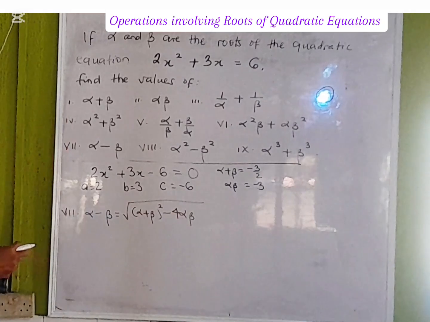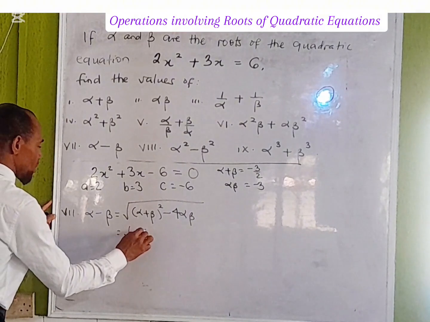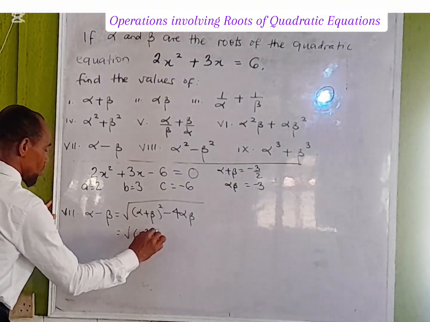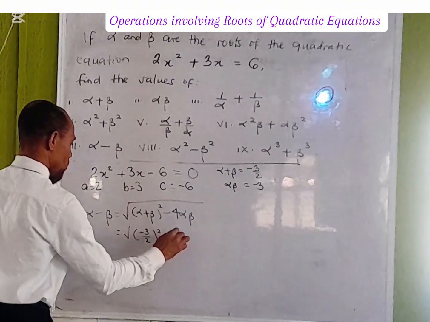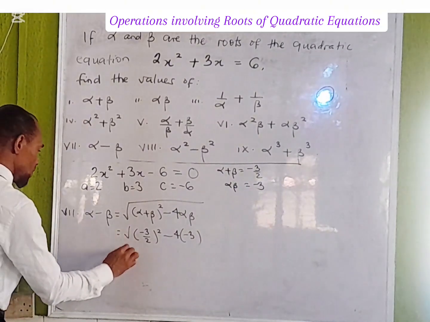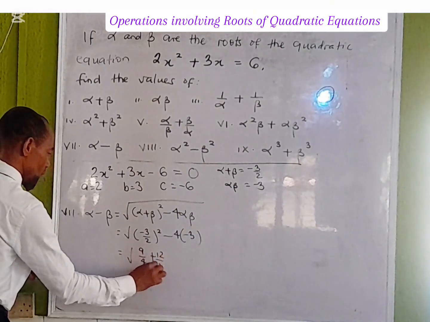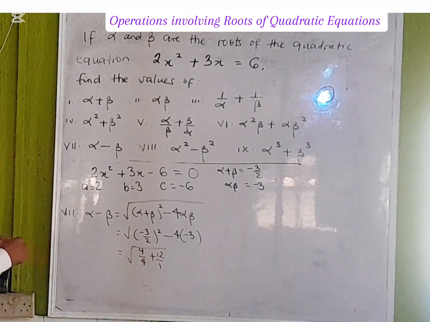That is the identity for that. So we go further by having alpha plus beta, minus 3 over 2, all squared, minus 4 times alpha beta, which is minus 3. So this is actually 9 over 4 plus 12 over 1.